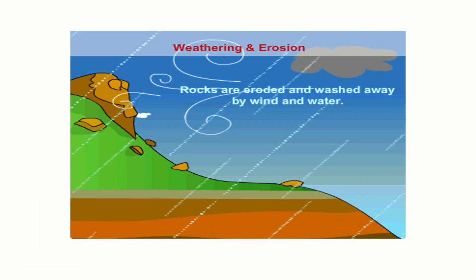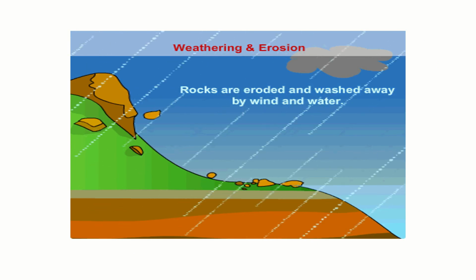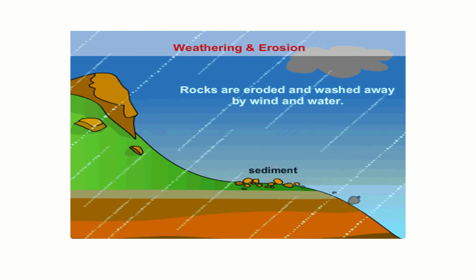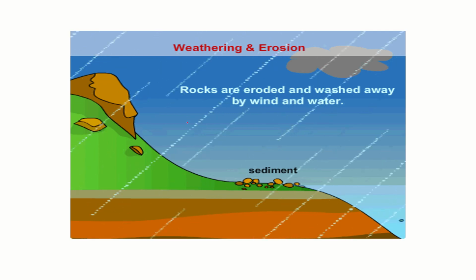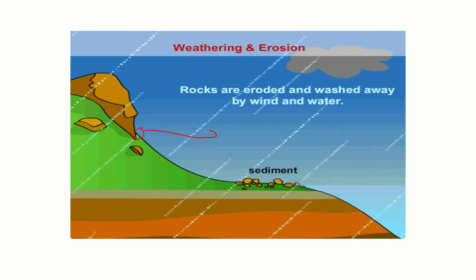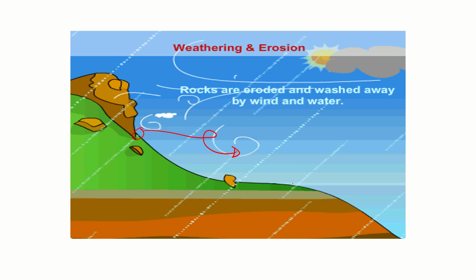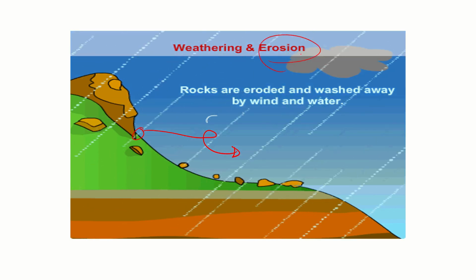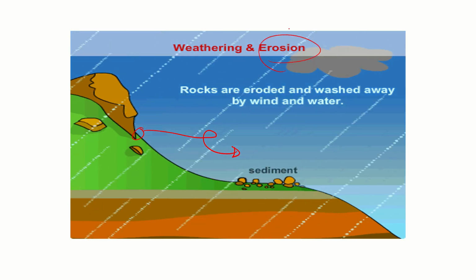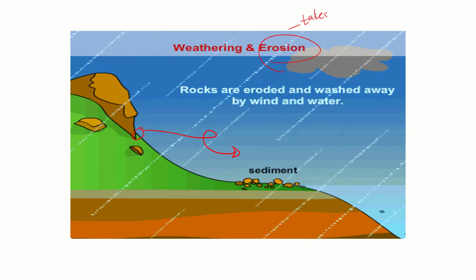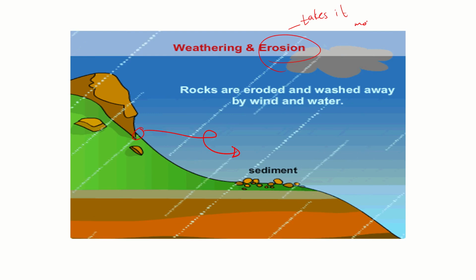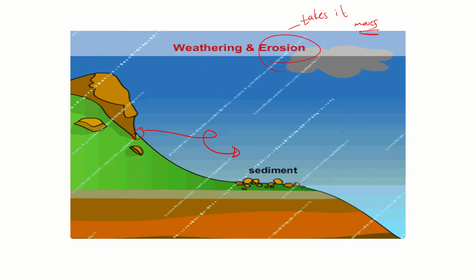Okay, so we spoke about breaking the rock. Weathering breaks it into little pieces called sediment. But then the sediment doesn't stay here, it moves. And that moving of sediment is called erosion. So weathering breaks it, erosion takes it. It moves it to a new place.